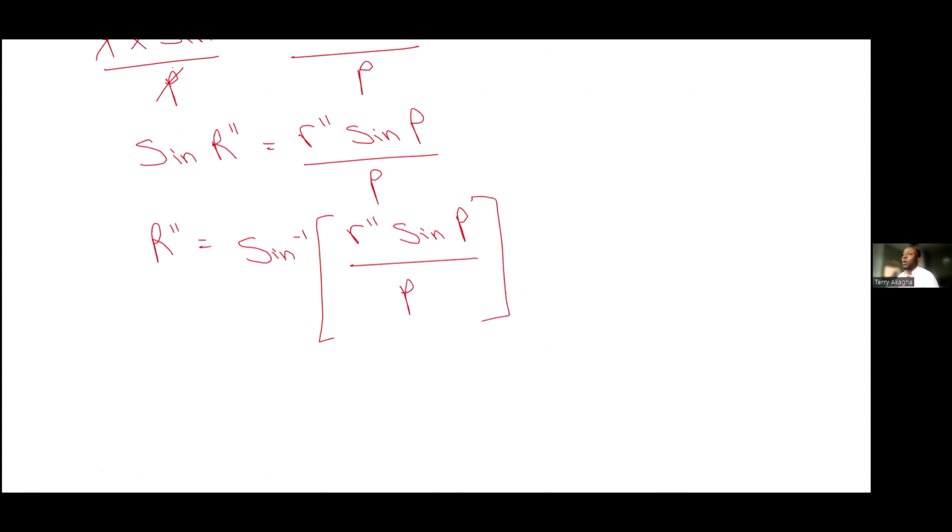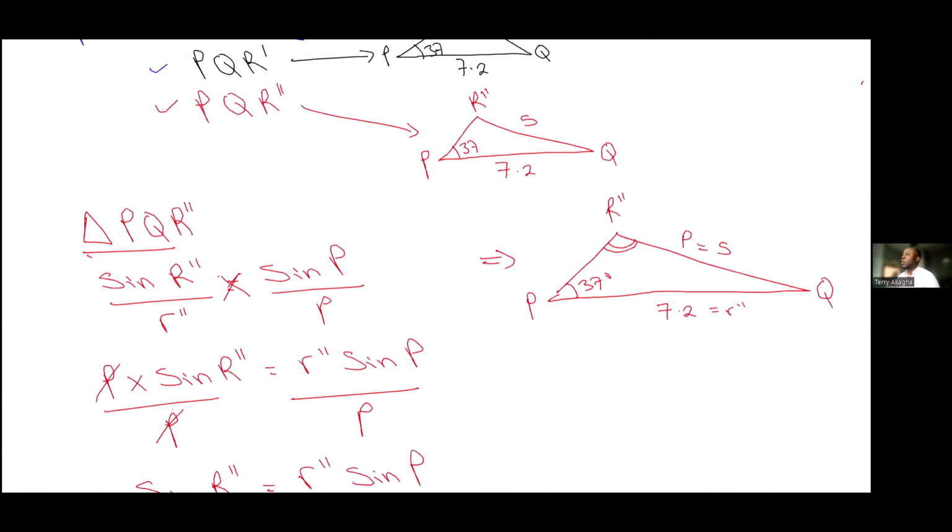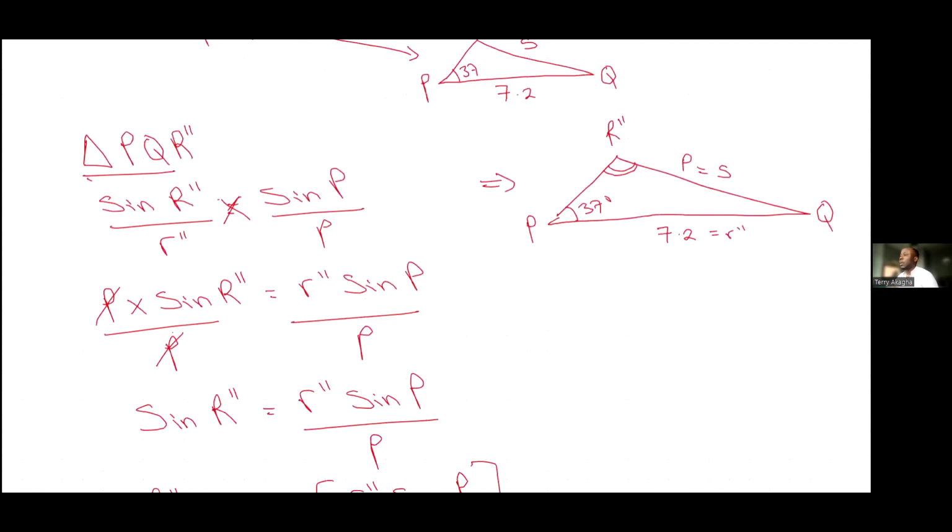From what we just said, the angle P is equal to 37 degrees, while the side P was 5. The r double prime is what we're looking for, but the side r double prime was 7.2. So we can now put this into this formula.